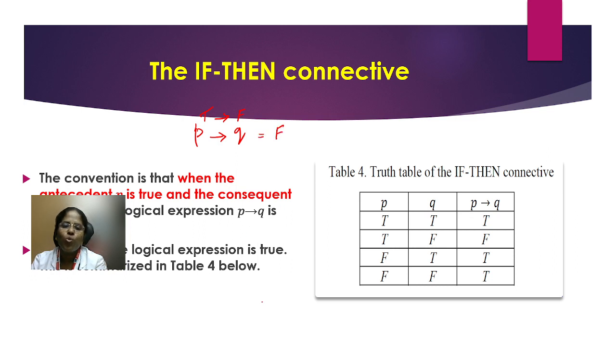Otherwise, it is true. All possible values are summarized in the truth table. Please note it. When your antecedent is true and the consequent is false, you will have false. Otherwise, you will have true. So keep in mind only this part.